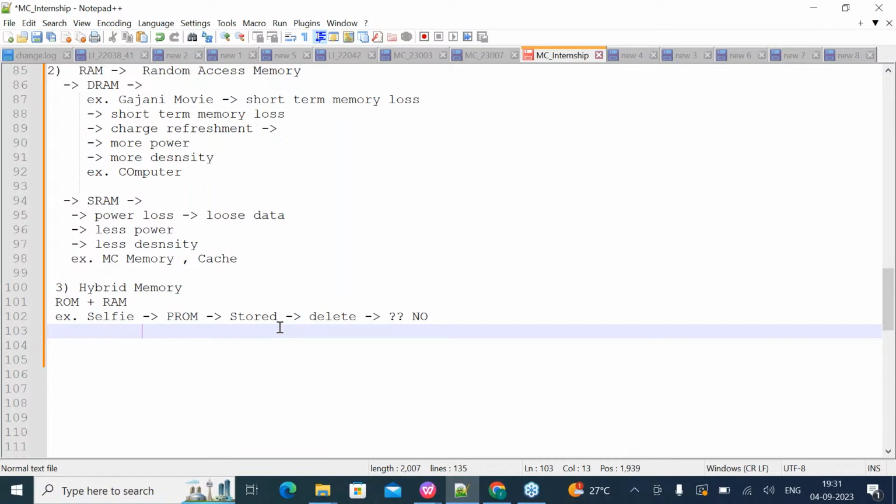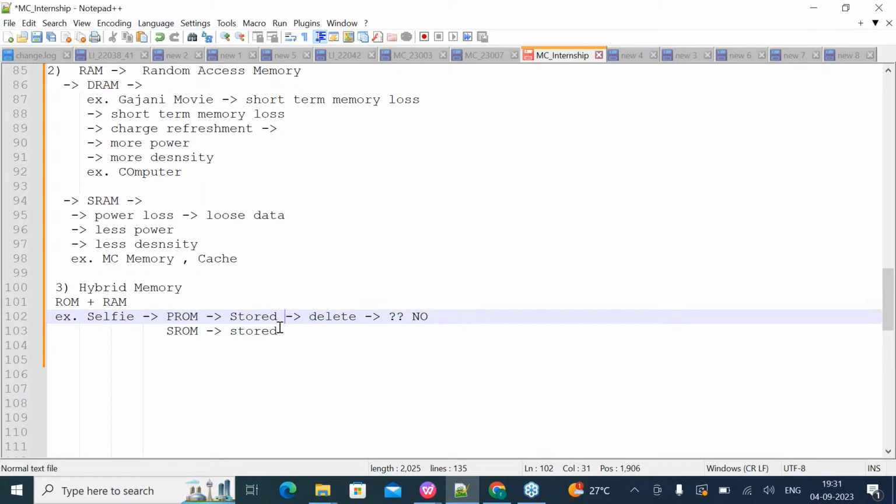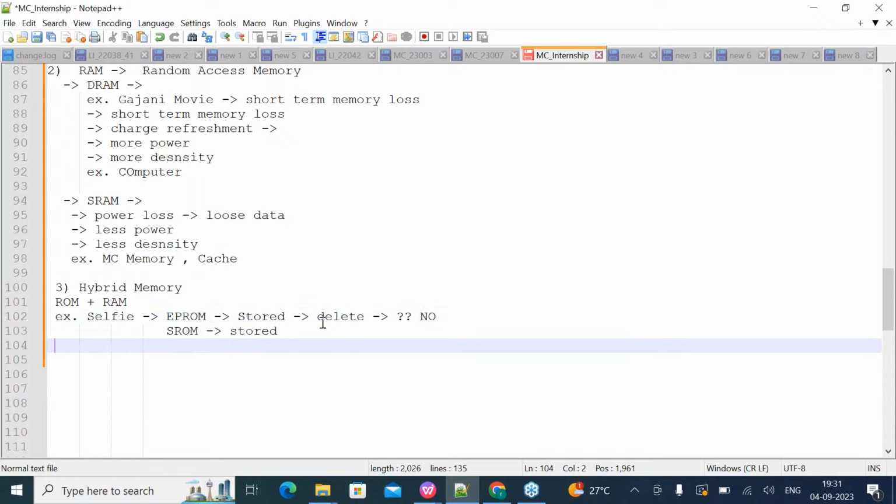Let me take another scenario. Let's say you took a selfie, and let's say you have an EPROM now. It is stored into the EPROM, and I want to delete it. So guys, even if I have an EPROM, am I going to pass UV rays to delete that photo?